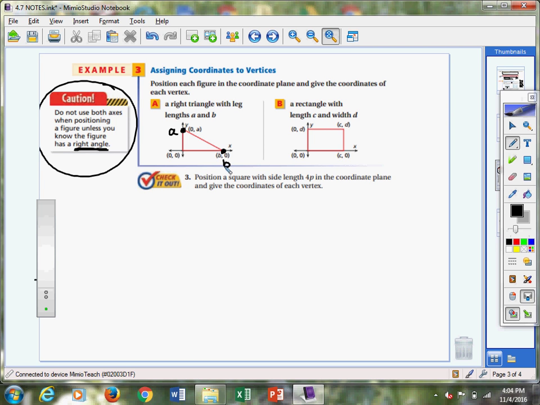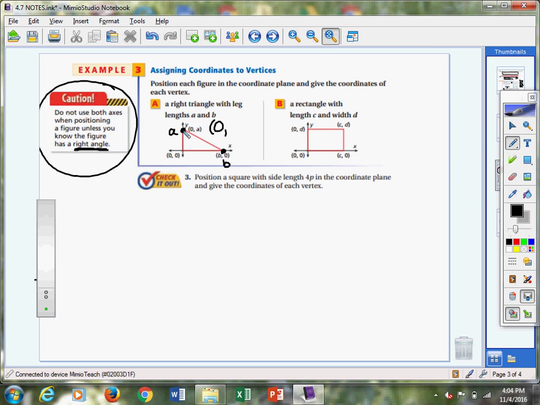Now, the name of the point that's on the y-axis, that's your y-intercept, if you remember from algebra last year. You're moving 0 on the x. So if you are naming a point on the y-intercept, your first number is always 0. If it's not 0, you're not on the y-axis anymore, and it doesn't matter whether it's a number or a letter.